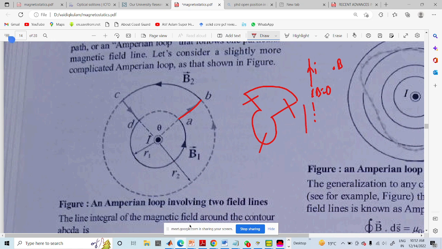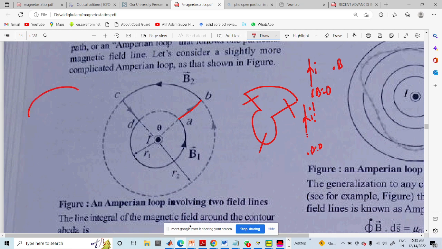Suppose we have a wire with current I, and at any point on this line, the magnetic field will be 0. Same thing, so because of this wire the magnetic field here will be 0. Similarly, we had already covered this theory.